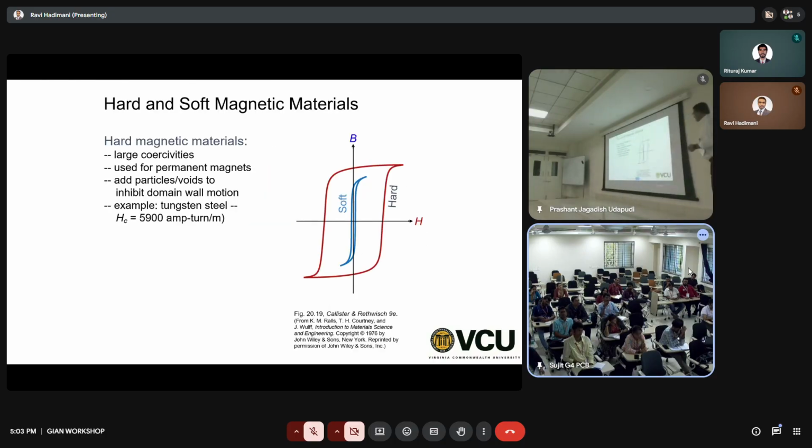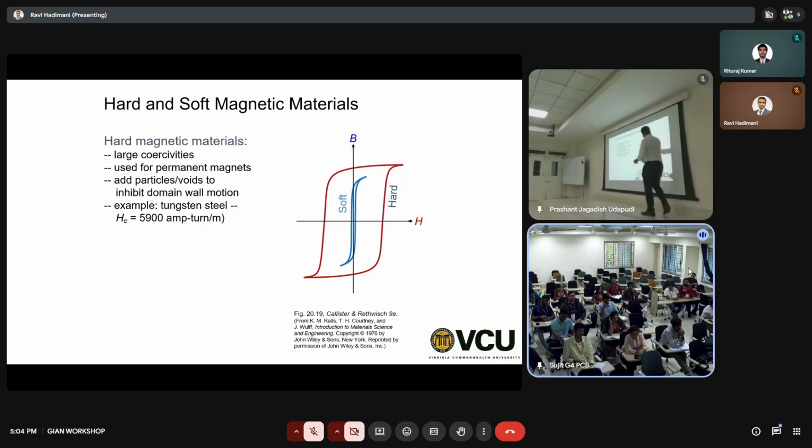Some magnetic materials will have very high remanence, some materials will have small remanence. Some materials will have very high coercivity, meaning you need to apply a really large field in order to remove this magnetization. Whereas in some materials, a small negative field is enough to bring back the remanence to zero.